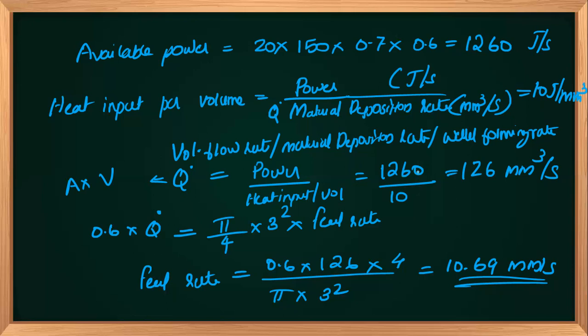Now this will be in velocity. Did we use the velocity? No, nowhere we use the velocity. I think it's right. Okay, so this will be the answer, 10.69. Pardon me if I have made any numerical mistake.